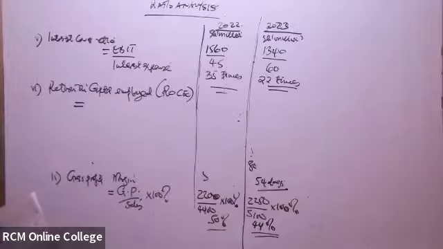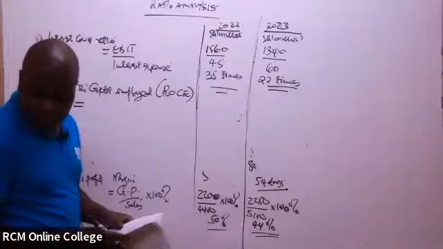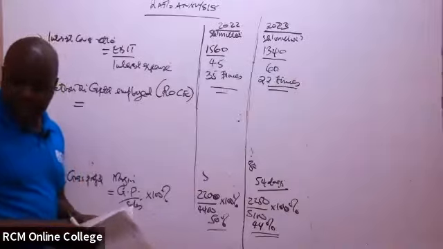I can see EBIT. We have EBIT over capital employed. Someone is saying earnings after tax over the net assets.